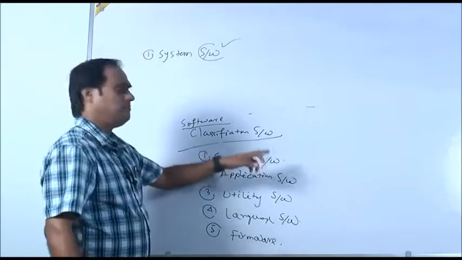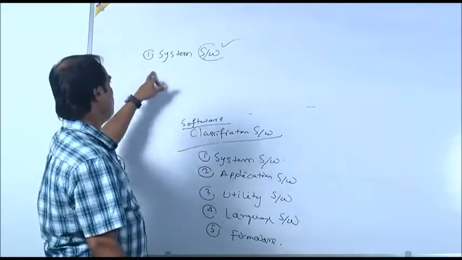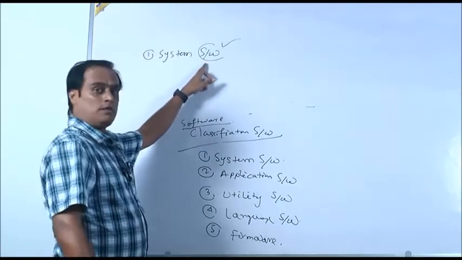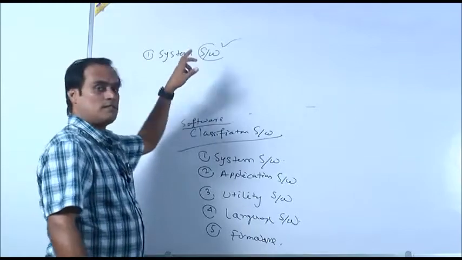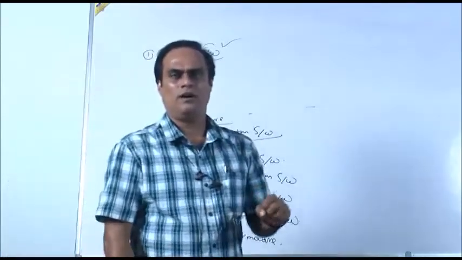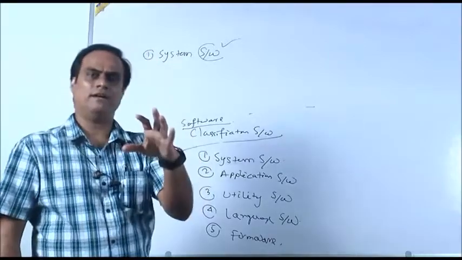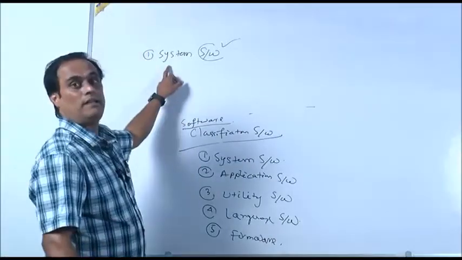So, what is system software? As per the definition, it is the set of instructions which is most essential and required to run the system in an effective way.